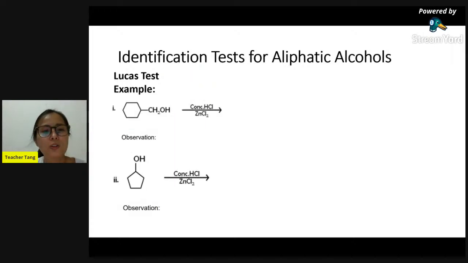So now we shall look at examples for the Lucas test. To know whether the reaction occurs or not, first we need to classify the alcohol. For this alcohol, can you see that 2 hydrogens are attached to one alkyl group, so this is a primary alcohol.